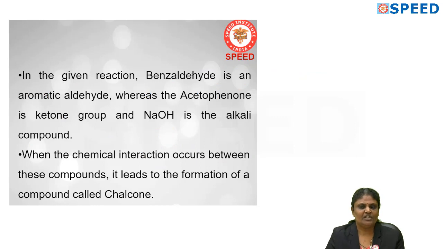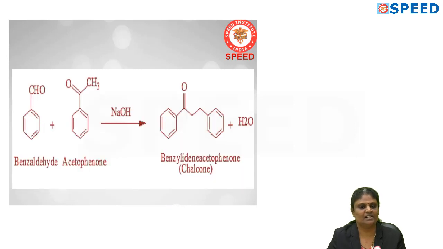And in the given reaction, benzaldehyde is an aromatic aldehyde, whereas acetophenone is the ketone group and NaOH is the alkali. I already explained. So when the chemical interaction occurs between these compounds, it leads to the formation of a compound called chalcone. So the product name is chalcone. So this is the structure.